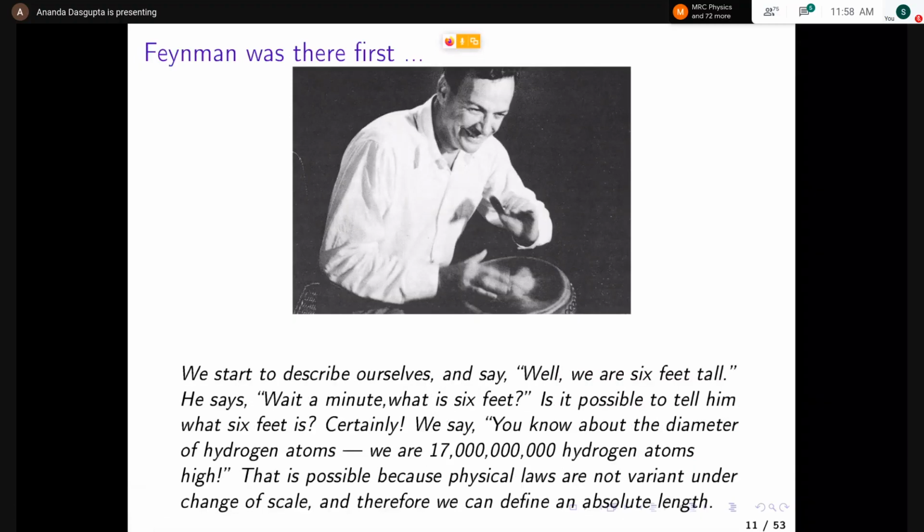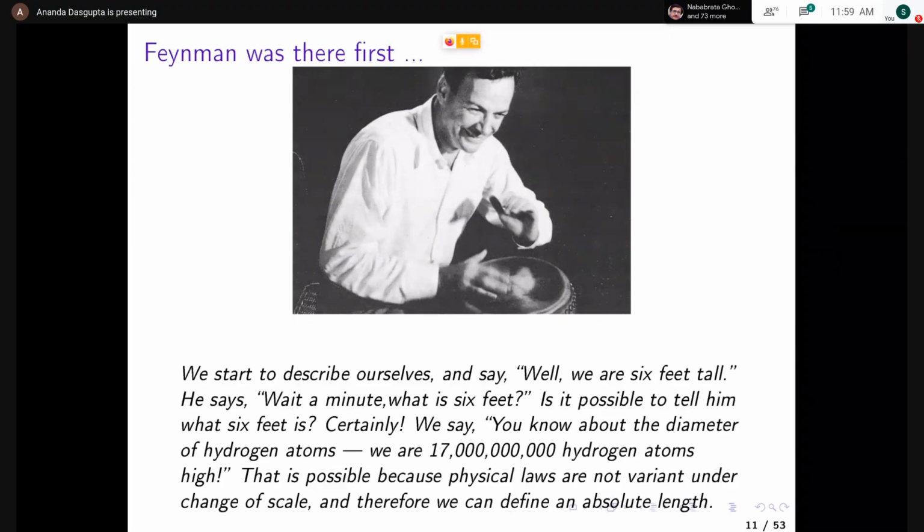We start to describe ourselves and say, well, we are 6 feet tall. That's Feynman talking about himself, of course. He says, wait a minute, what is 6 feet? Is it possible to tell him what 6 feet is? Certainly. We say, you know about the diameter of the hydrogen atoms? We are 17 billion hydrogen atoms high.